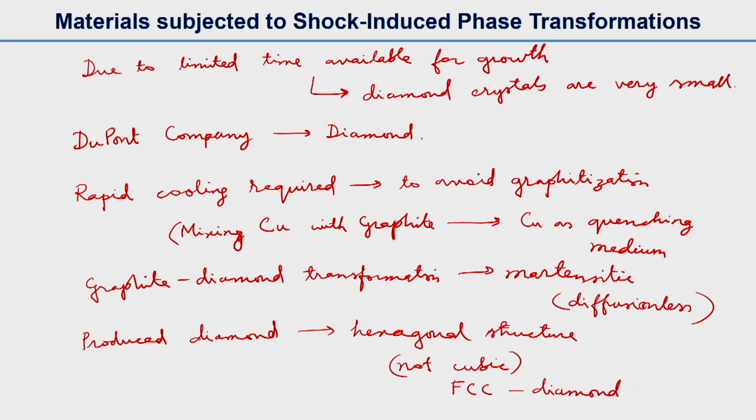That is, the crystal structure is called diamond cubic, and it has an FCC lattice. This is the usual one, but in this case it is not cubic. This is a hexagonal structure. With the help of shock loading, whatever we produce has a hexagonal structure.